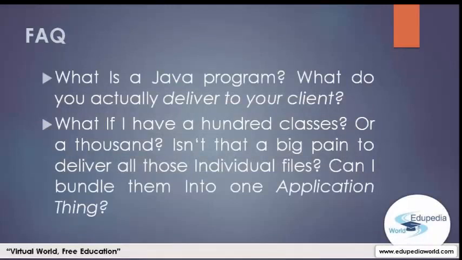So the first question is, what is a Java program and what do you actually deliver to the client? A Java program is a pile of classes, or at least one class. In a Java application, one of the classes must have a main method, and it is used to start up the program. So as a programmer, you write one or more classes, and those compiled classes are what you're going to deliver.